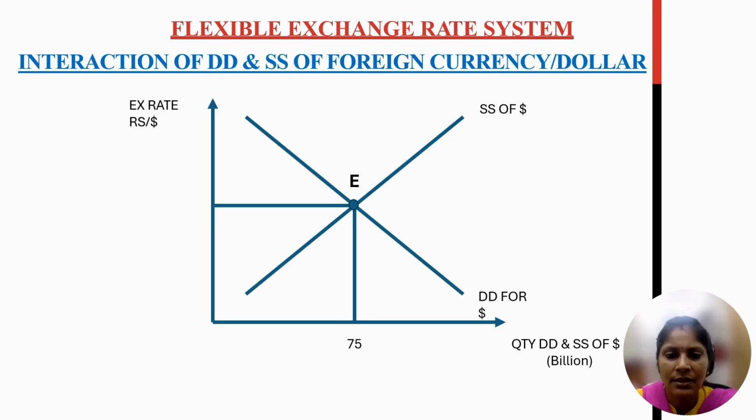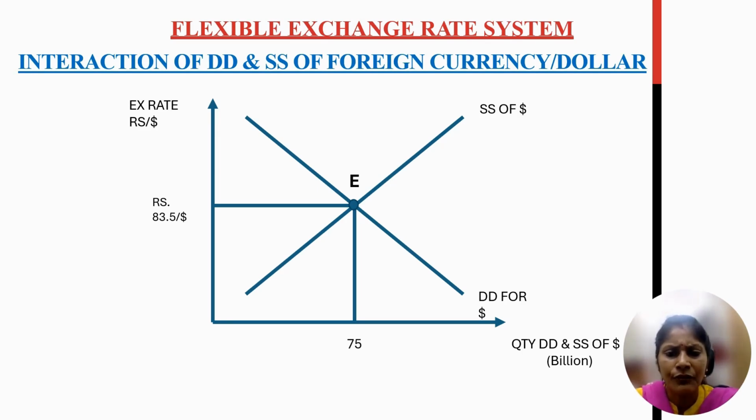At a quantity demanded and supplied of 75 billion dollars, the exchange rate is fixed at 83.5 rupees per dollar. This is how the flexible exchange rate system works.